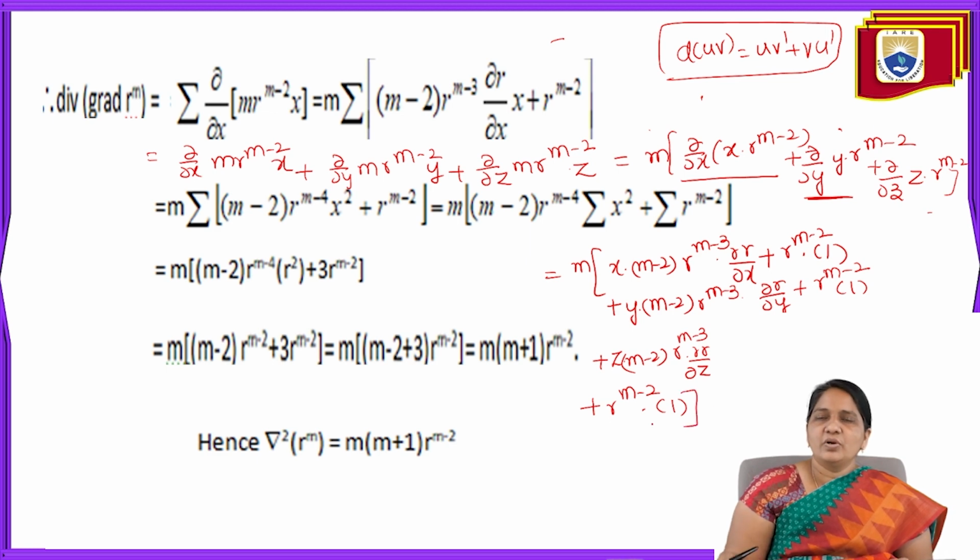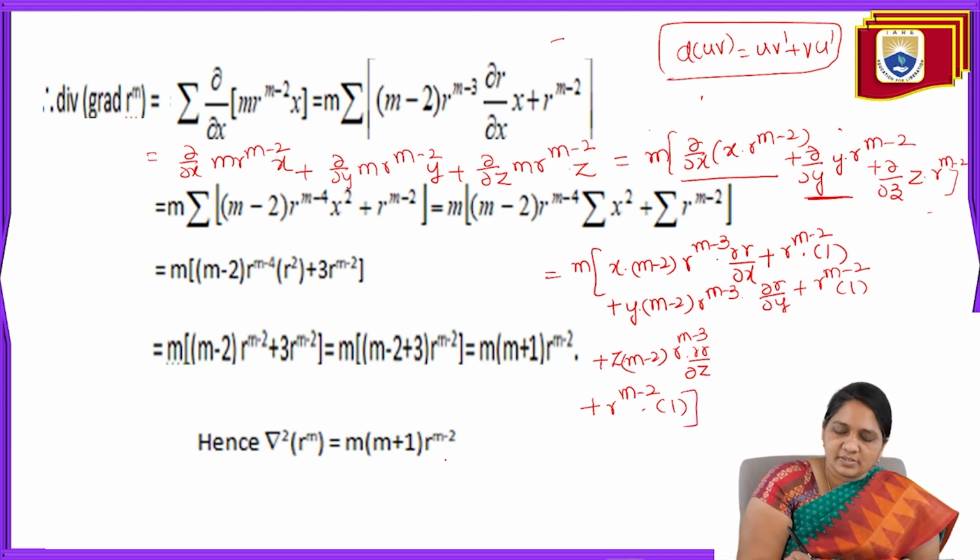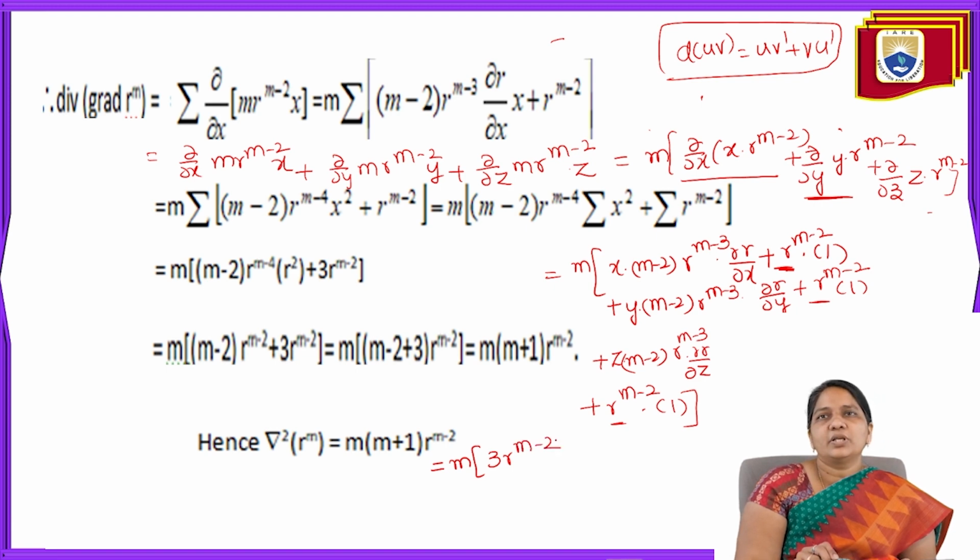We can see here this is equal to m. So r power m minus 2 is here 1, 2, 3, so I can write this one as 3 into r power m minus 2. Next, plus x into m minus 2 into r power m minus 3.